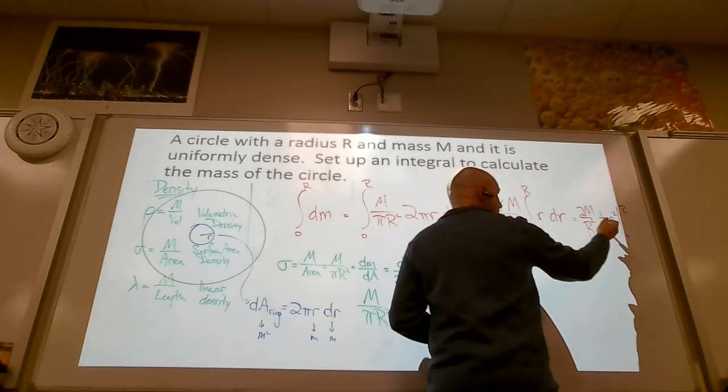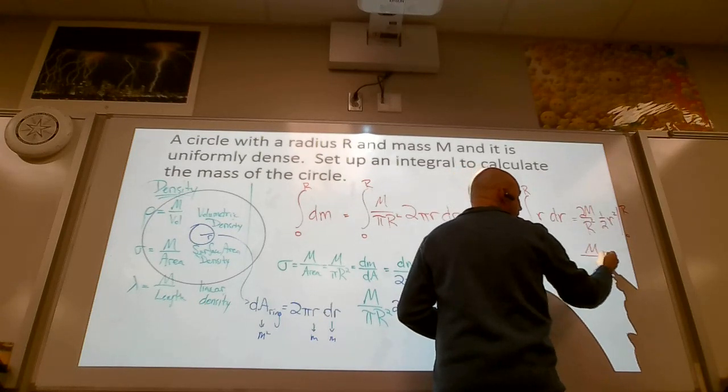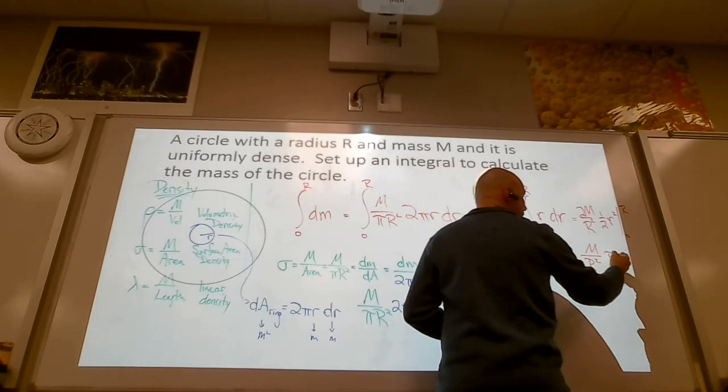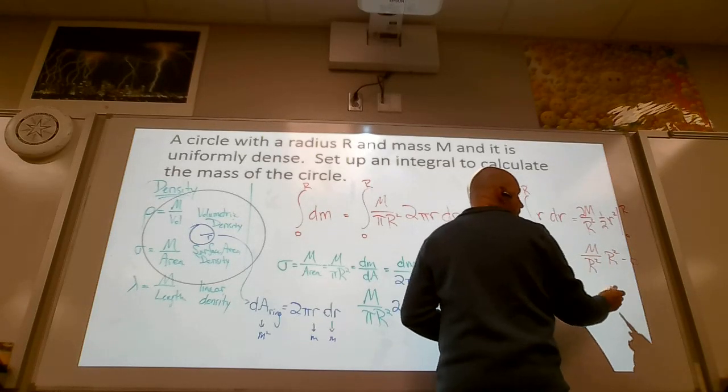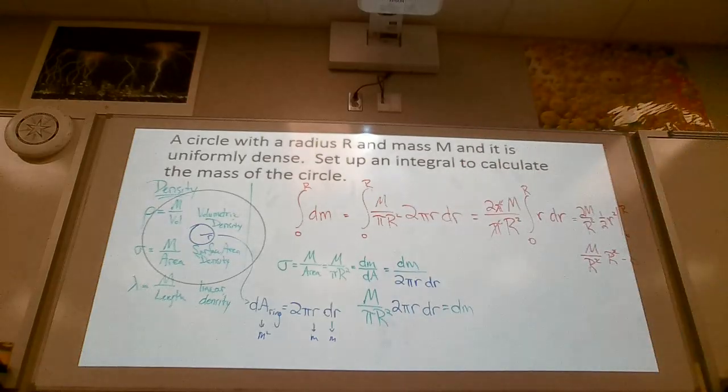So I get 1/2 r squared, a half and the 2 go away. Got m over r squared times r squared minus 0, and I get m as the mass of that circle. A lot of work for something we already knew the answer for, but the point is, how do you set this up?